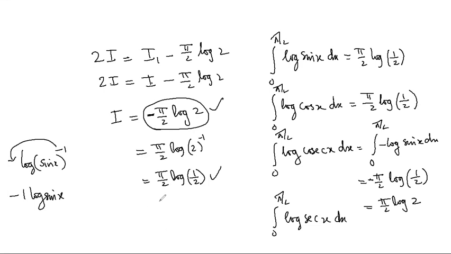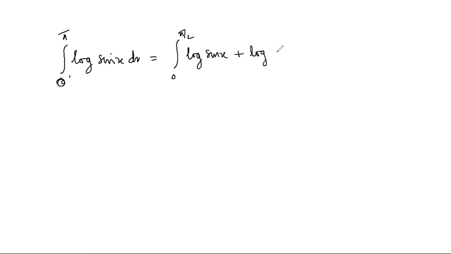Now, one year, they gave this formula, and this formula, if you remember, is very good. They said that if 0 to pi by 2 log sin x dx is pi by 2 log half, how much is 0 to pi log sin x? You know that 0 to pi can be made as 0 to pi by 2 by splitting this as log sin x plus log sin of pi minus x.